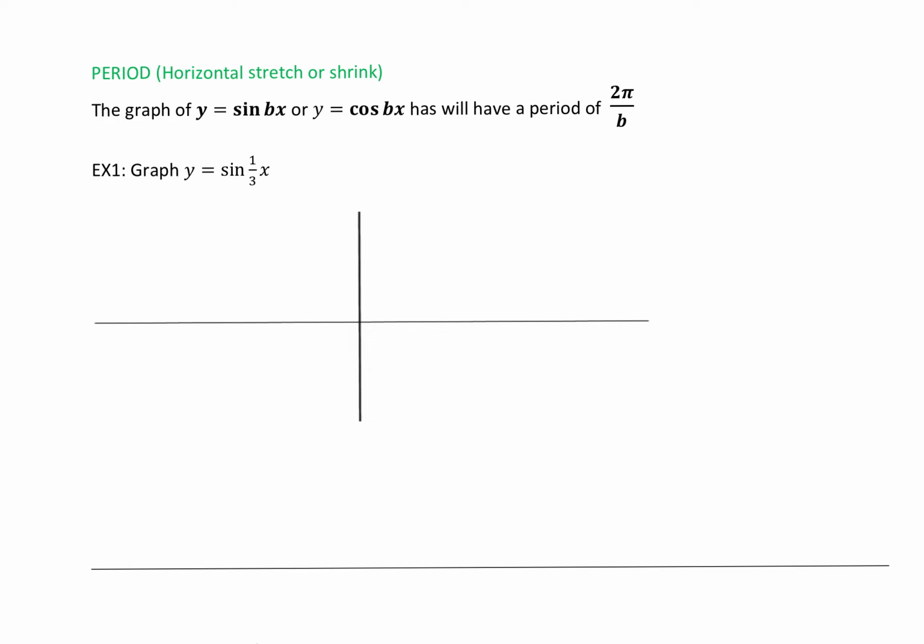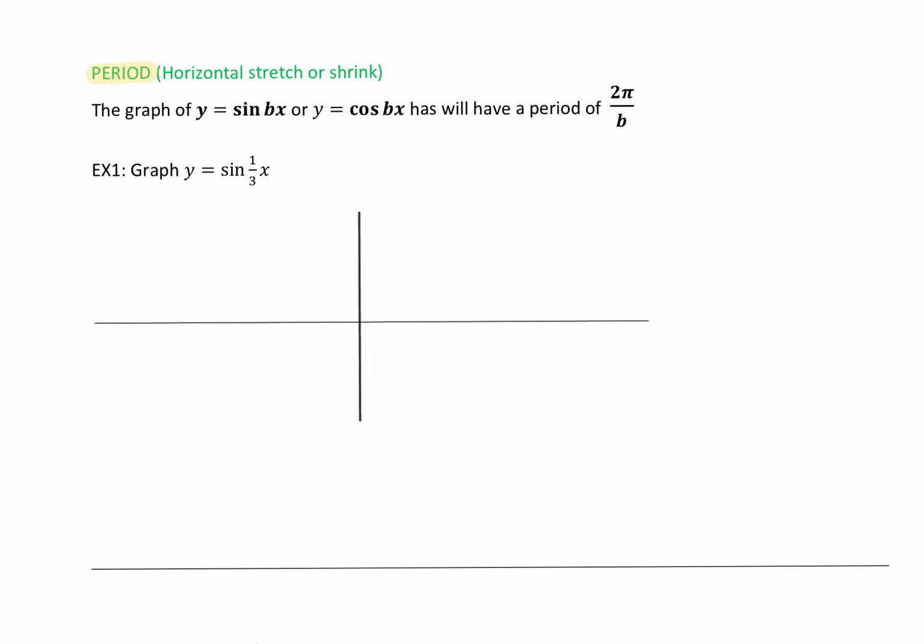The next set of transformations we're going to talk about is what we call a period. And we already talked about that period before. Remember, sine and cosine have a period of 2 pi. The period just says, give me a distance on the x-axis where we have one full cycle of our function, or one full period of our function.